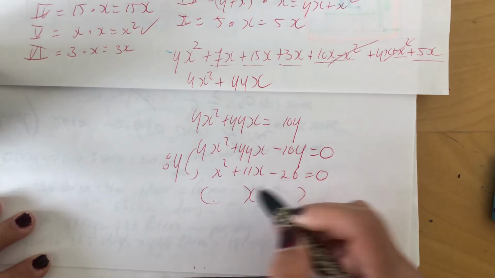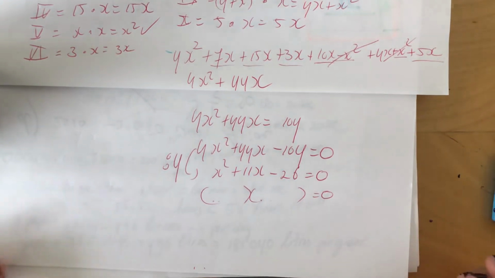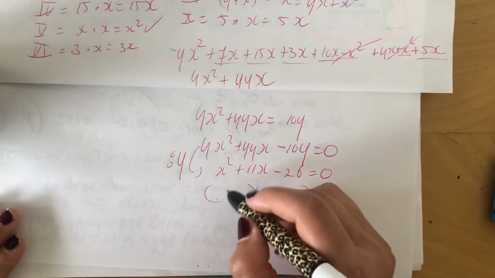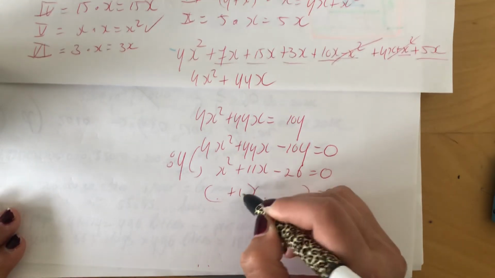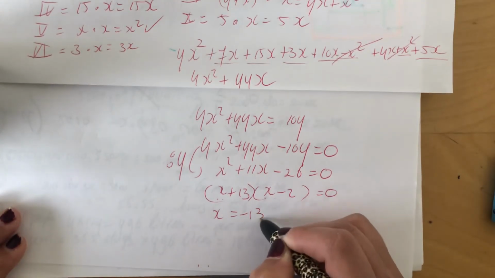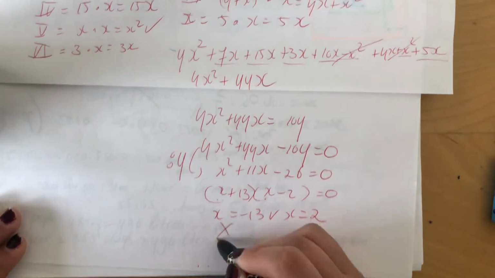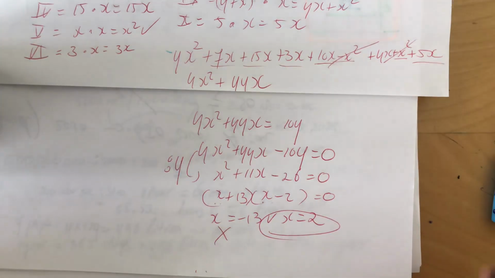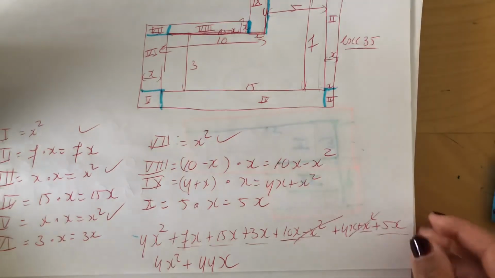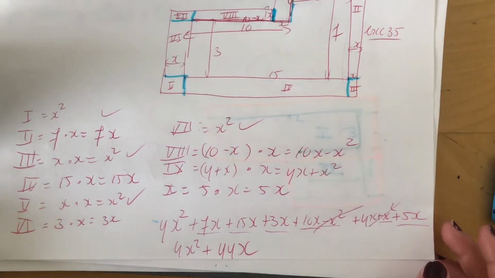Please look for this. What do you need? Positive 13 minus 2. x will be negative 13 or x will be 2. Of course, you work with this one. The path, once again, has a width of 2. Okay, now you must be able to do this all alone.